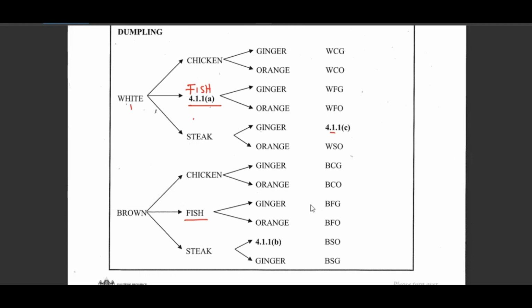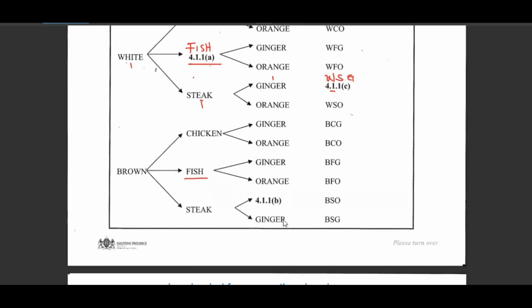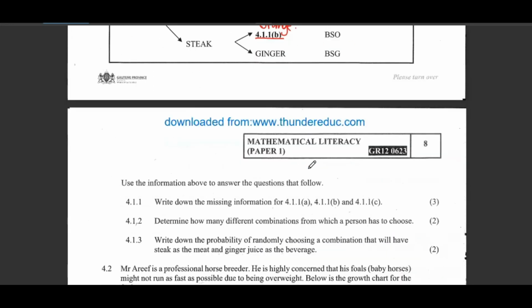It's a combination of this, this, and this, which is W, S, then G. Then when you look at the juices, they are shared: ginger, orange, ginger, orange, ginger. So this can't be any other but orange.